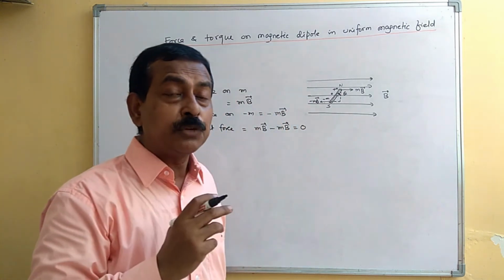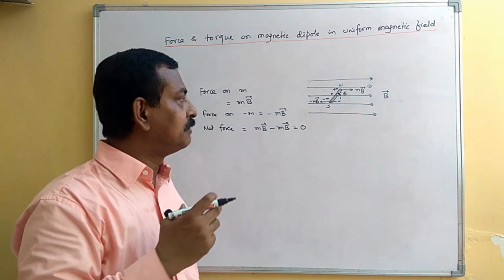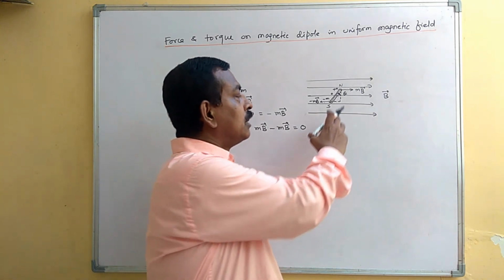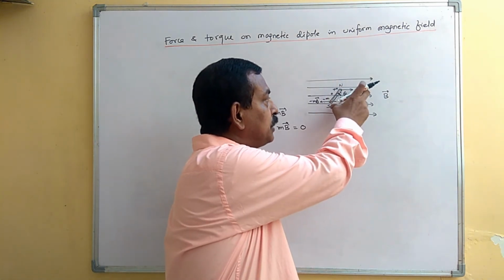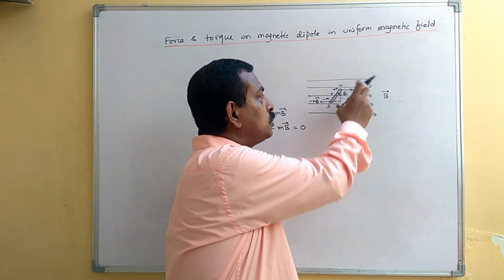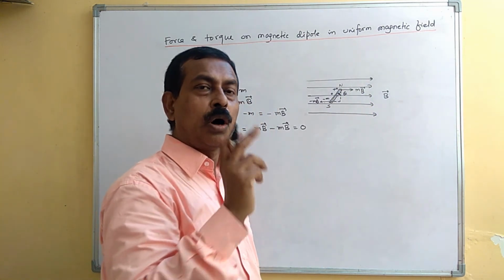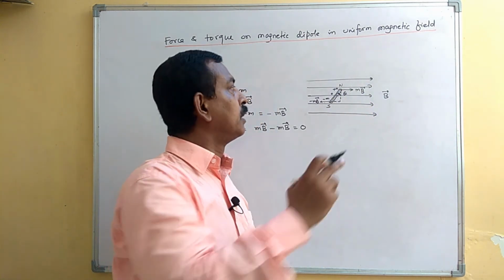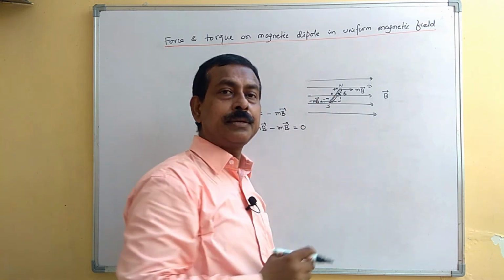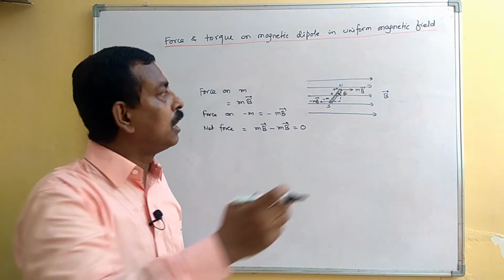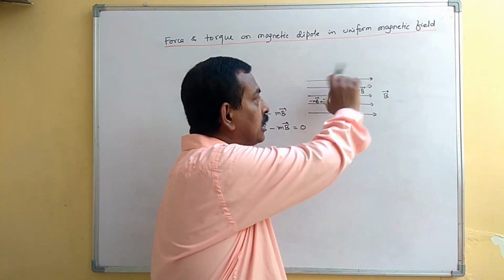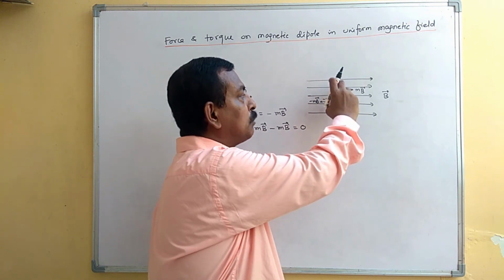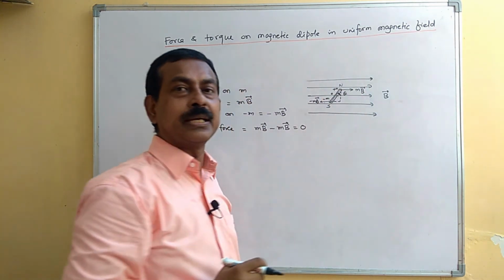And if the net force is 0, definitely in that case, as we now have two forces of the same strength, mB, acting there but in opposite directions, it can produce a turning effect, or it can produce a torque in the magnetic field.